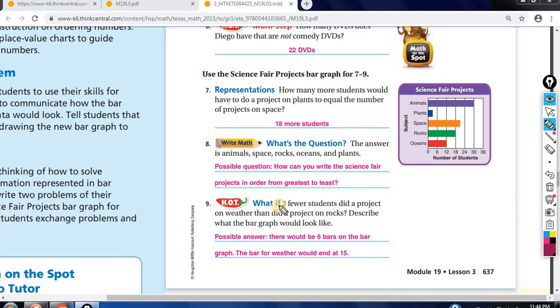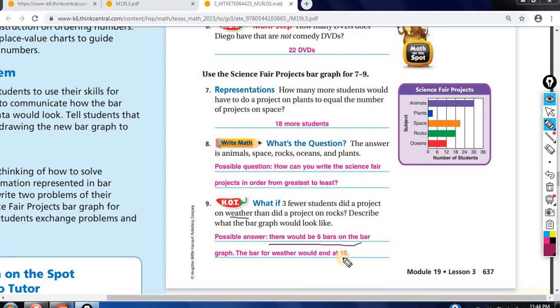The next one: what if 3 fewer students did a project on weather than did a project on rocks? Describe what the bar graph would look like. Well, there would be 6 bars instead of 5, because you would have to add weather. And the bar for weather would be where?